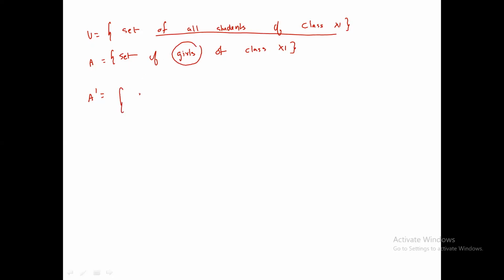Then you are left with only boys of class 11. This is A complement.